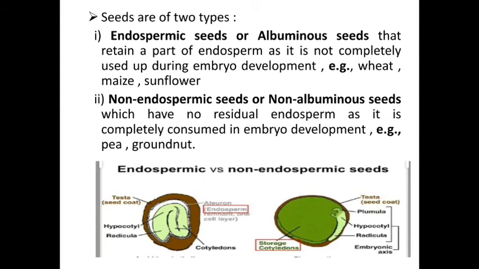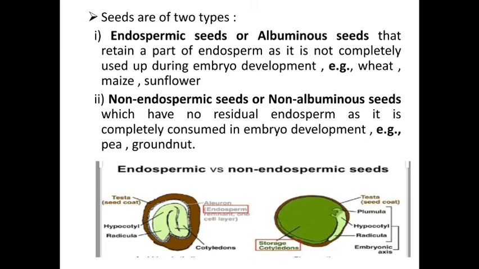In that seed, a part of endosperm remains and is not completely used up during the development of the embryo. For example, wheat, maize, sunflower.